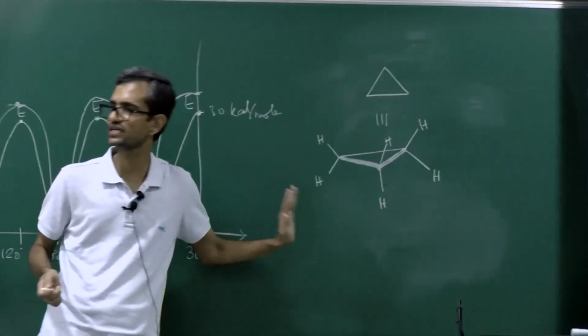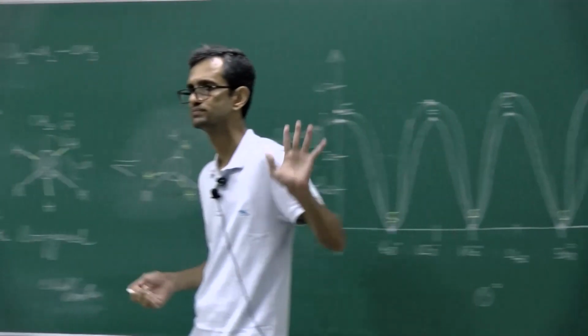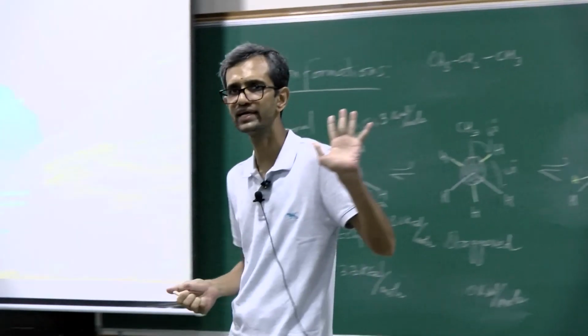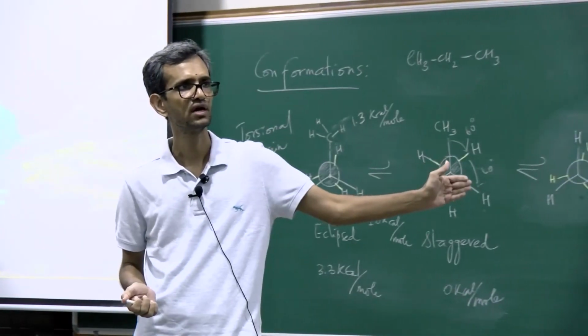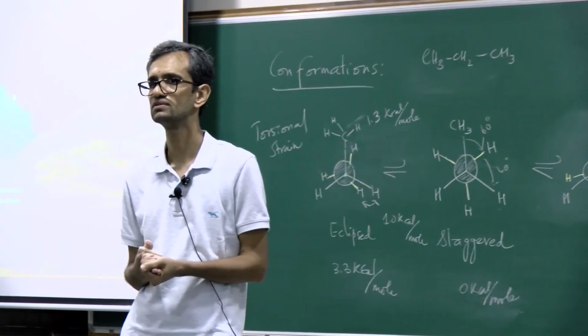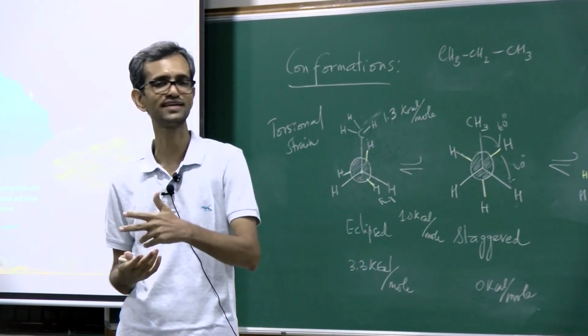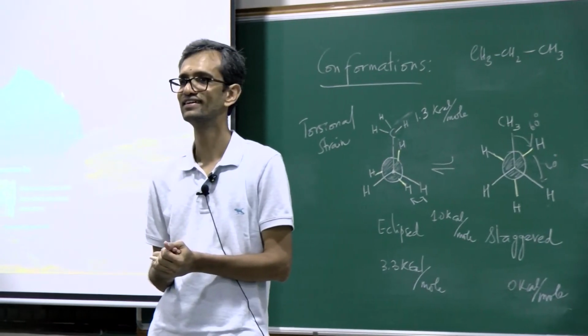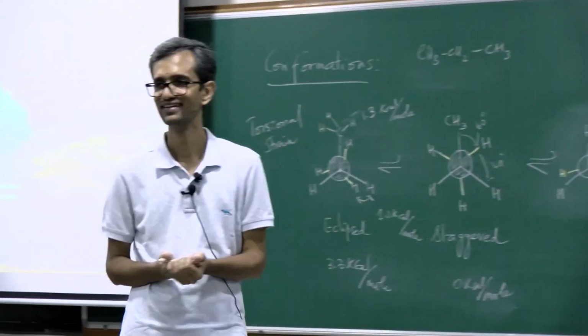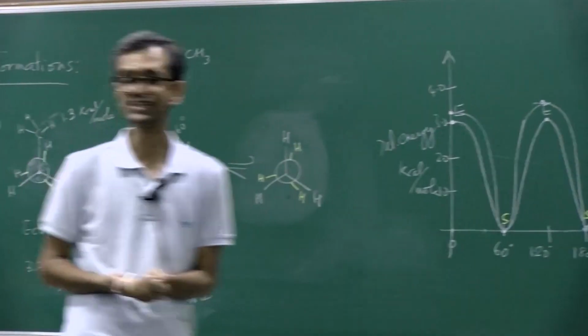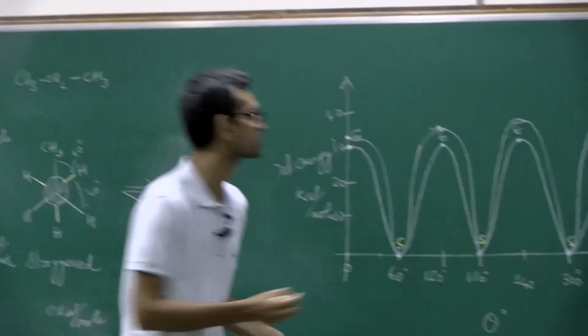Do you find eclipsing interactions in this compound or not? In cyclopropane, do you find eclipsing interactions? How many eclipsing interactions? 1, 2, 3, then? 6 eclipsing interactions are possible.